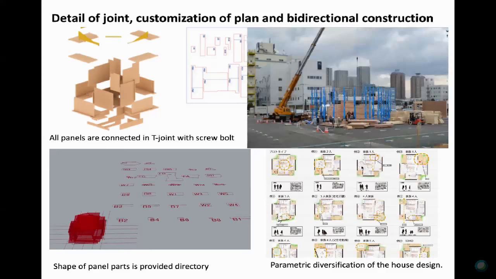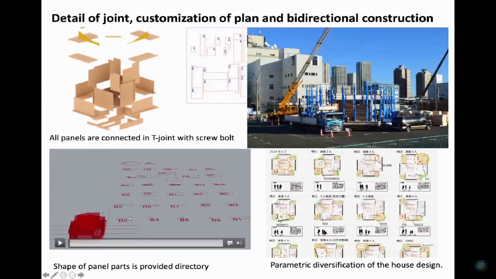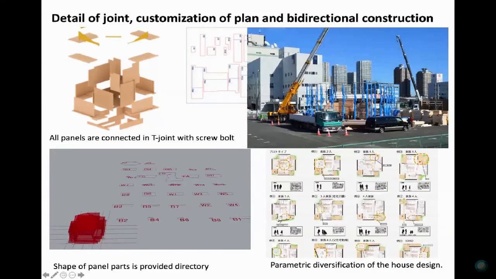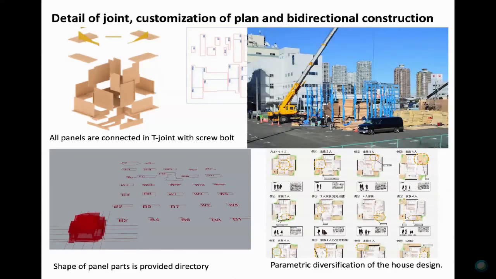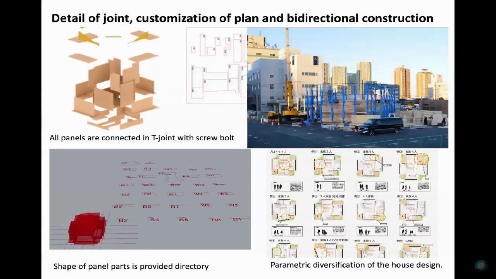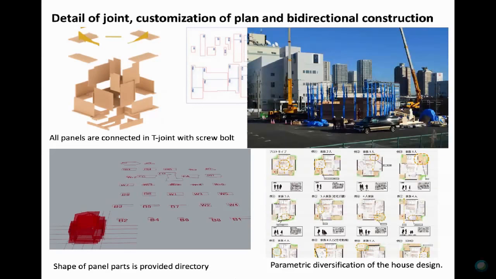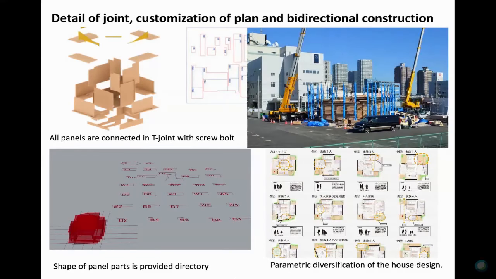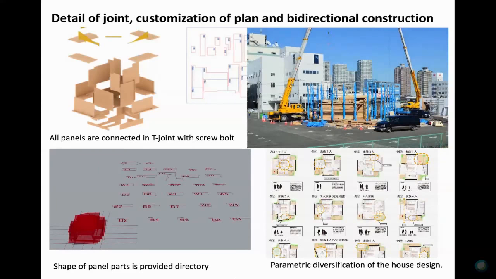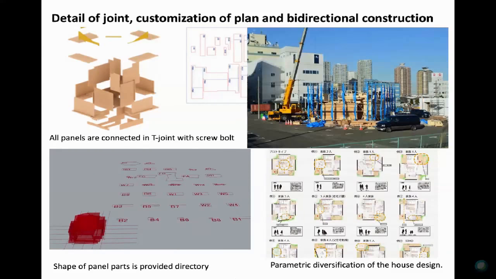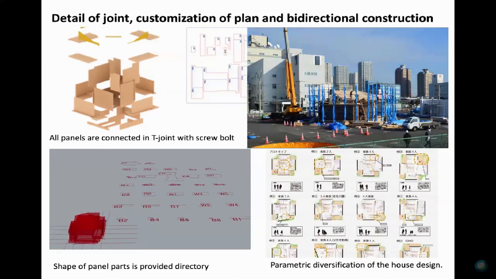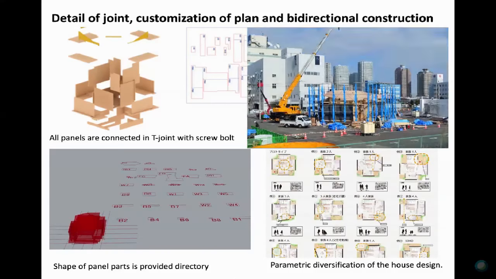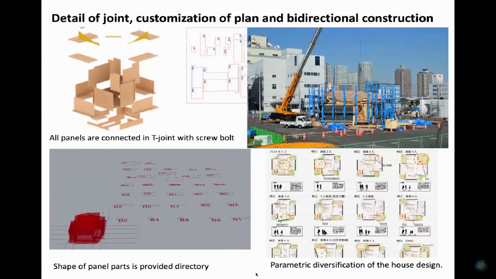So the shape of the panels is provided directly in a certain parametrical way, so we don't need to care about the difference of joint detail or other construction issues rather than the shape of the house itself.